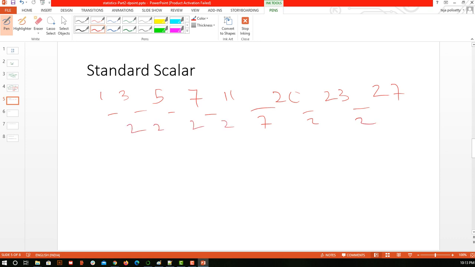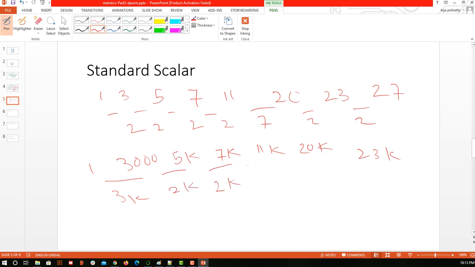Now coming to one more example, a different one. Let me say I have 1, then 3000, then 5k, k means 1000, 7k, 11k, 20k, 23k. Here you can see the distance between them is 3k, 2k, 2k, here 4k.